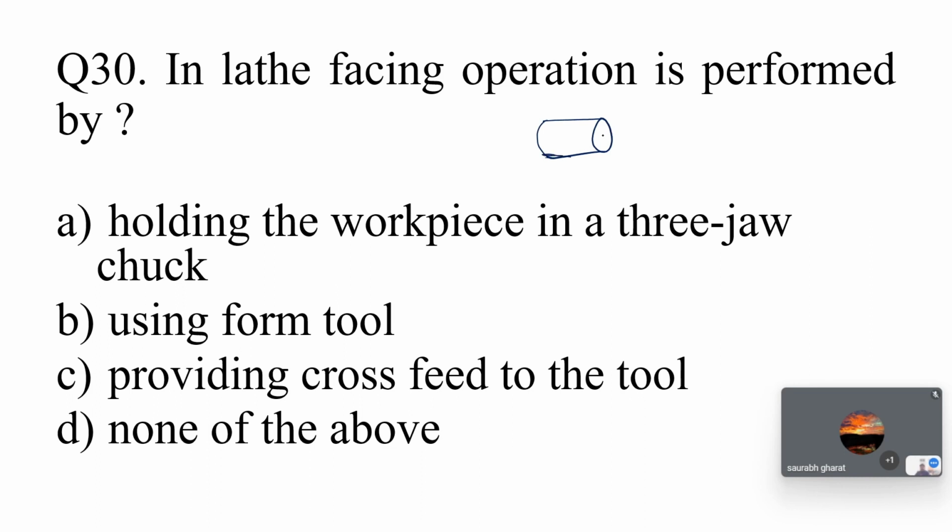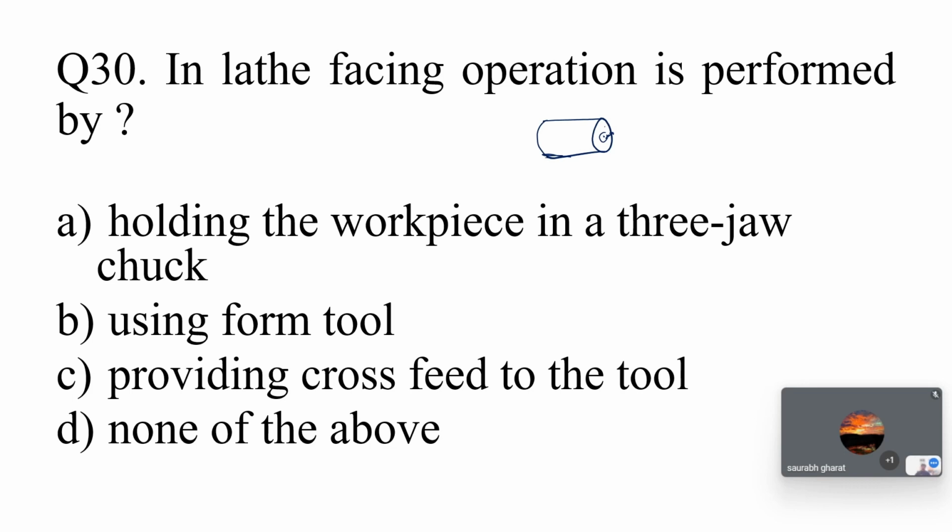The facing operation is done on this place, here and this side. This is the way we perform the facing operation. What kind of feed is it? I told you the answer here itself. So the important concept is the feed here, the way we give the feed.